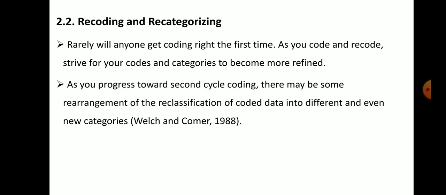As Abbott noted in 2004, the process of recoding and recategorizing is like the process of decorating a room. You try it, step back, move a few things, step back again, try serious reorganization, and so on and so forth.